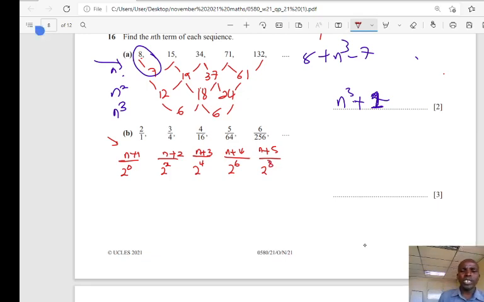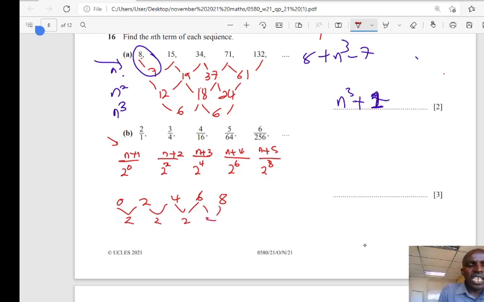So the 2's are the same, but what is different are the powers, right? So you have to find the sequence that is being followed by these powers, 6 and 8. So the common difference is 2 here. These are the powers of the denominators. You can see the common difference is 2.